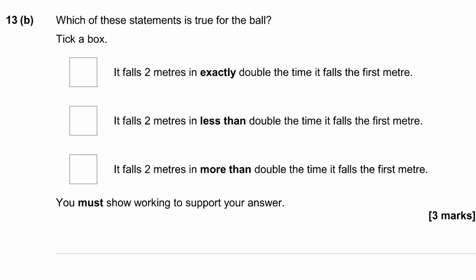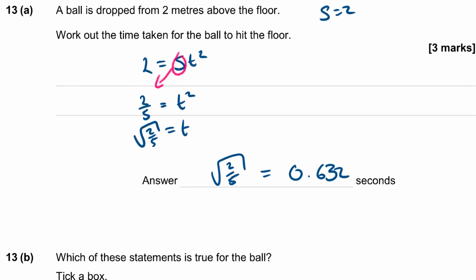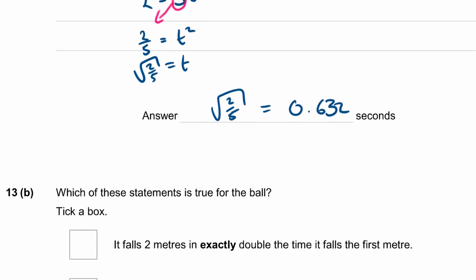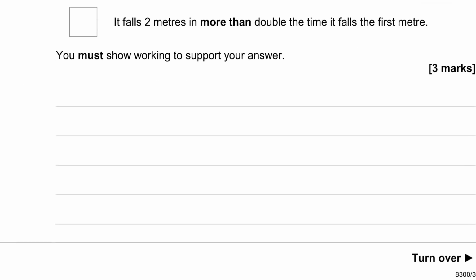Basically, we need to decide whether it falls exactly the same, exactly twice, less than twice, or more than twice the time it takes for it to fall the first meter. So we already know how long it takes to fall 2 meters. Let's go back and work out how long it's going to take to fall the first meter, and then we can compare them. So remember, s equals 5t squared.